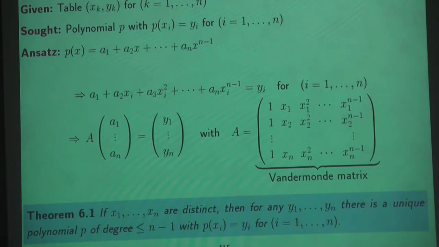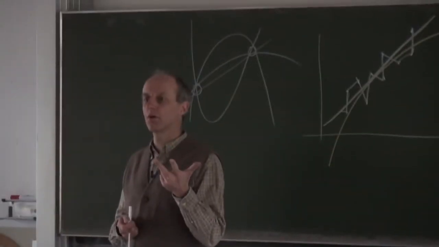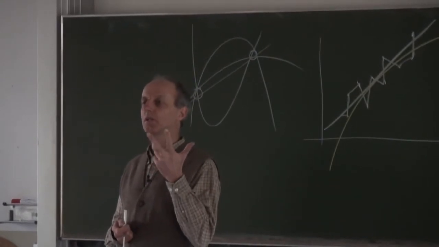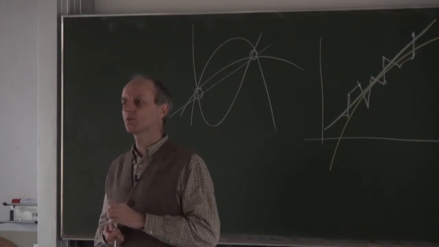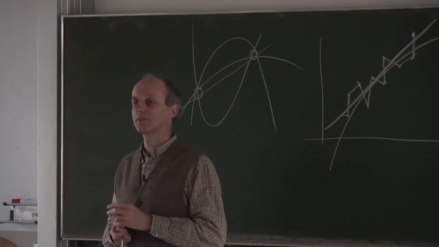So for example, given 3 points, our polynomial may have degree 2, 1, or 0. Who can give me an example of 3 points where the solution is a polynomial of degree 0?